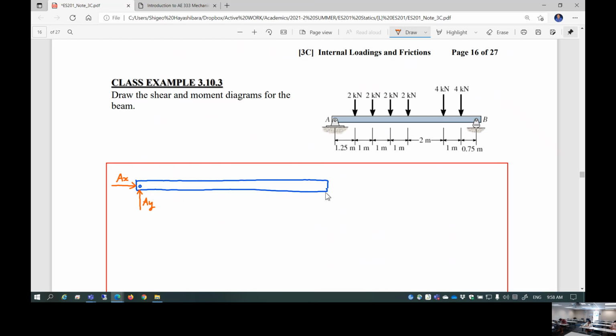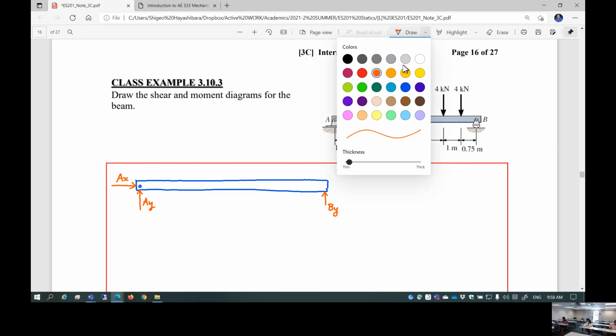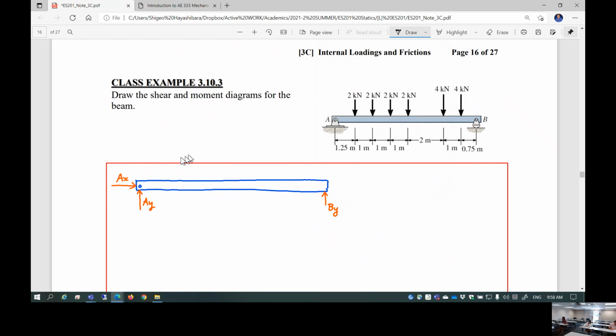And of course, here's BY. So this is the same as roller, BY. Now, you have external loading, lots of it, quite frankly. This is 2 kilonewton, 2 kilonewton, 2 kilonewton, and 2 kilonewton. And here is 4 kilonewton and 4 kilonewton.